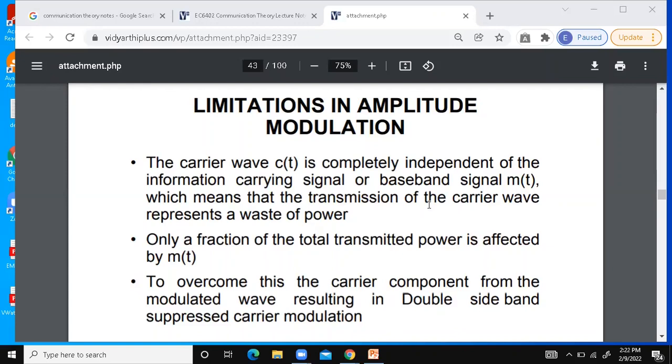So we are saying that since the power the carrier is consuming is totally independent of the power the actual information signal is consuming, it's a waste.